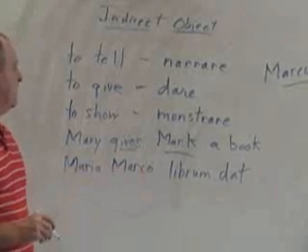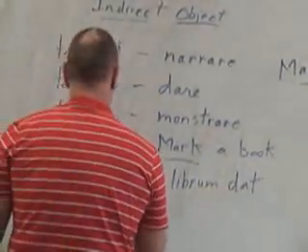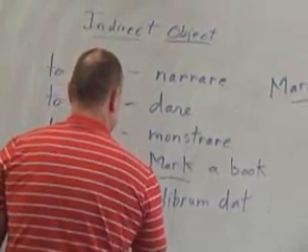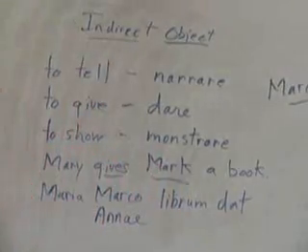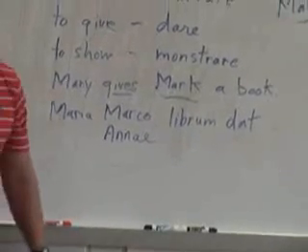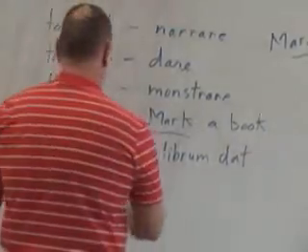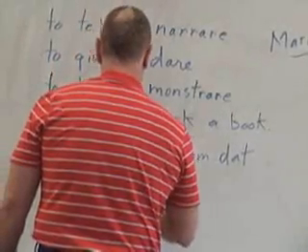Okay, let's say Mary gives Anna a book. Well, that would be first declension, ending in AE, Annae. Let's say Maria gives her mother a book. Mother is mater, matris, third declension, and therefore it would be M-A-T-R-I.